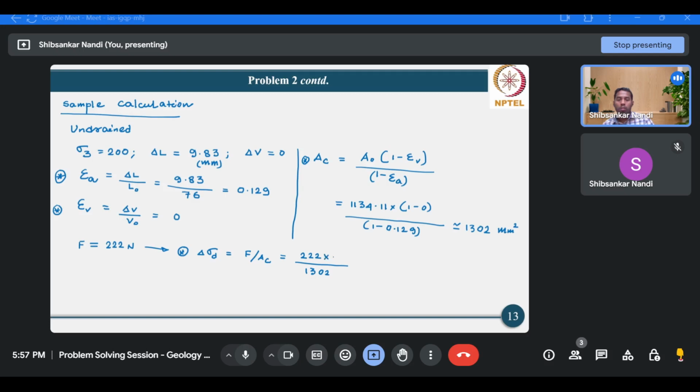This will be 10 to the power 6 in Newton per meter square, and dividing by 10 to the power 3 gives kilonewton per meter square. So this is 170.5.